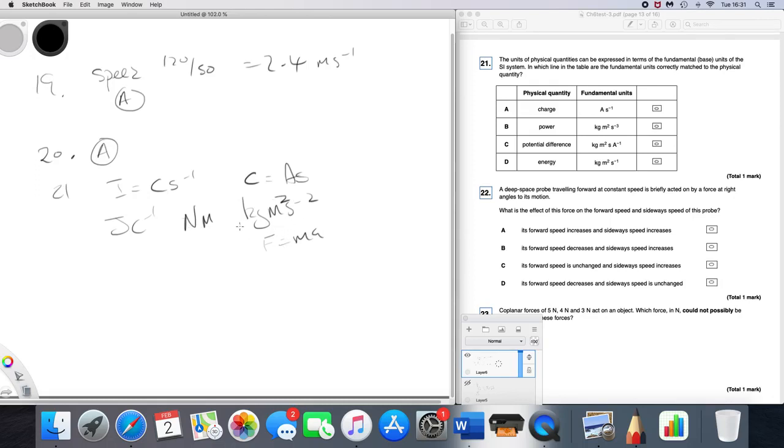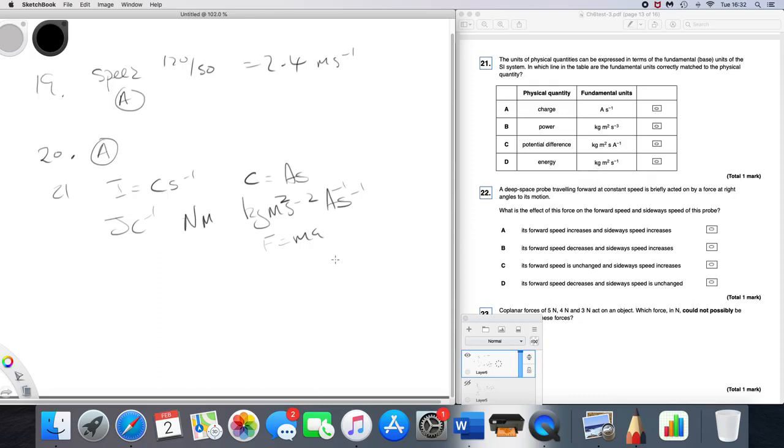That's our joules per coulomb. Well, a coulomb is an amp second, so it's per amp per second. So that's no good, because you can see that those are different: seconds to the minus 3 and seconds to the power of 1.